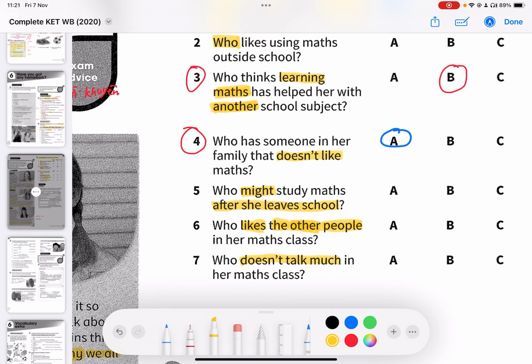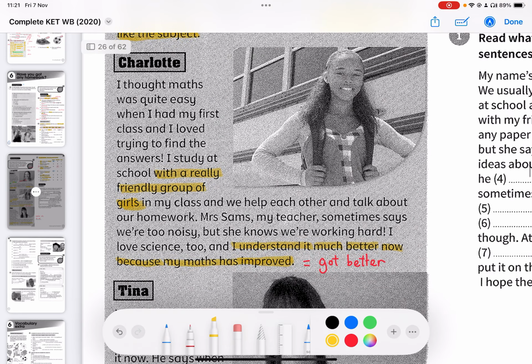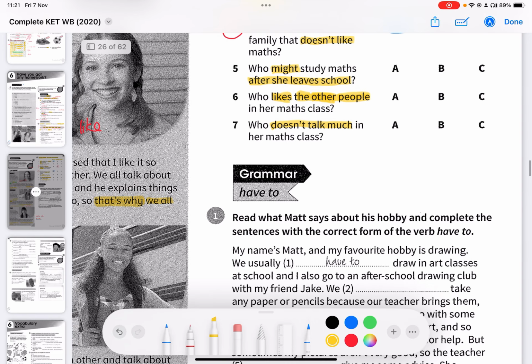So number 6 is not C. Okay? A, no information. And look at number 6. We've got here a really friendly group of girls. If you like someone, you will think they are friendly, right? Yes, that's why the answer for number 6 is B.